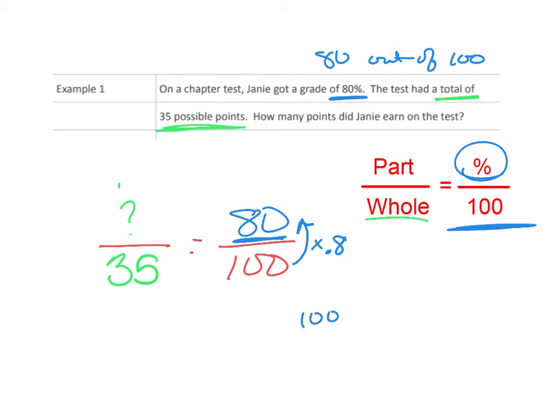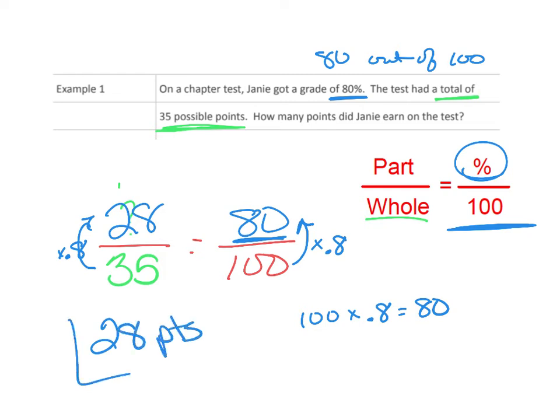So 100 times 80% as a decimal, which is 0.8 or 8/10, you're going to get that 80 that goes up on top, which makes this side easy because I know I'm going to multiply it by 8/10. So 35 times 8/10 gives us 28. She got 28 points on her test.